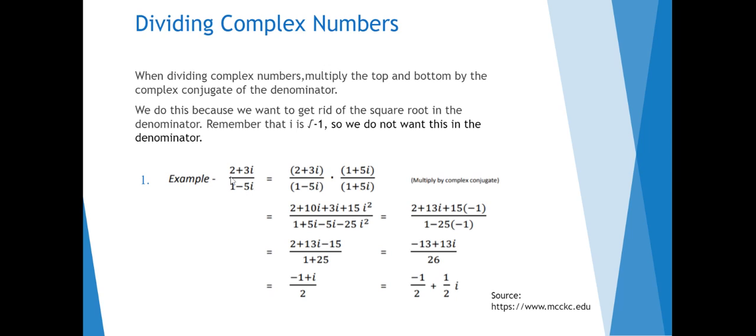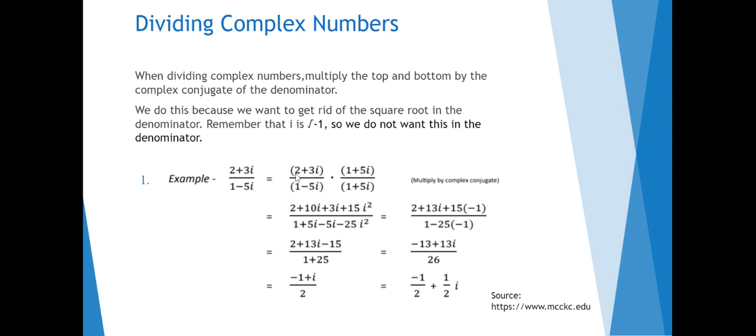For this problem, 2 plus 3i over 1 minus 5i, we'd have to multiply by the complex conjugate. If it's 1 minus 5i, then the conjugate would be 1 plus 5i. If this was 1 plus 5i, it would be 1 minus 5i.